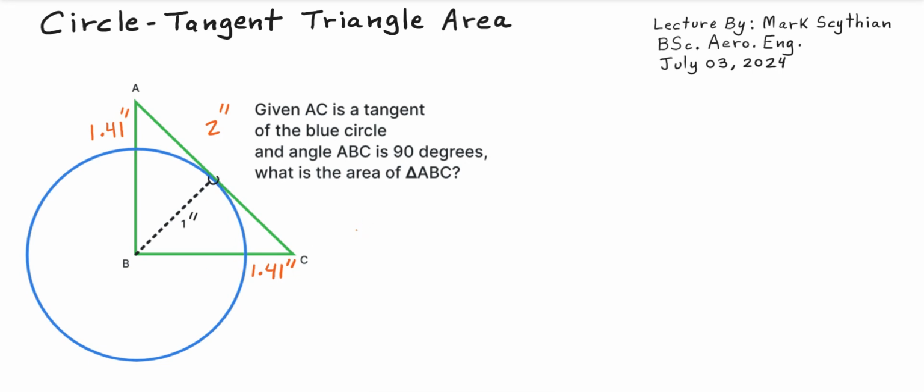So we have a base of 1.41 times a height of 1.41, so essentially a square bisected on its hypotenuse into the triangle. So we divide that by 2.